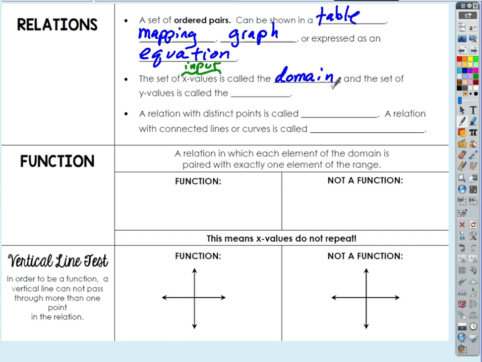Okay, so the set of x values, the set of all the values that we can input into a relation is called the domain. Now the relation might be a function, but it might not be a function, right? So does that make sense? X goes with domain, but it doesn't have to be x though, right? Like in physics a lot of times we wouldn't have input x's, we'd usually input t's. Almost everything we do in physics, the independent variable, the inputs, everything's going to be changing with time.